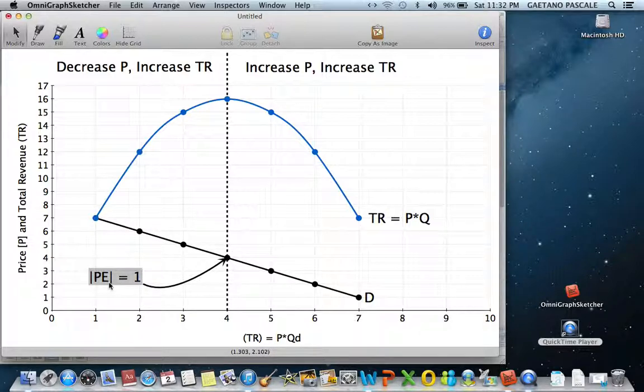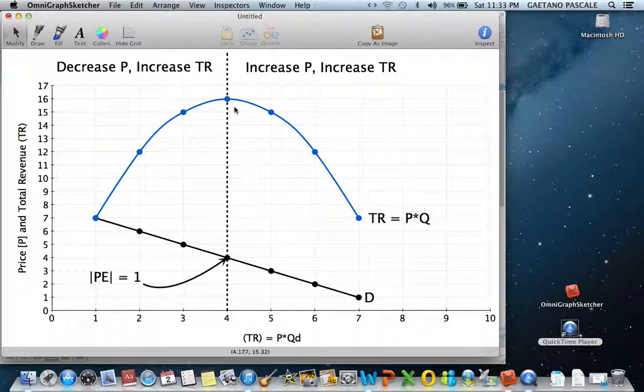Now the reason I put absolute value on there is that if we think about the demand curve, it's a representation between price and quantity. With demand, that's always negative. So for the price elasticity of demand, we're always going to get a negative number. So that's one of the reasons why we place an absolute value around it, because we know it's going to be negative, so we can ignore that fact.